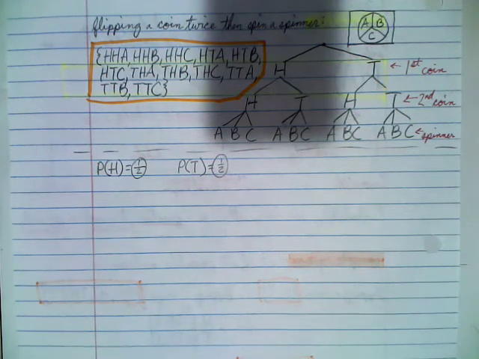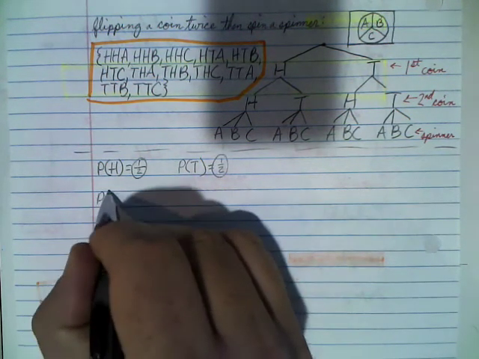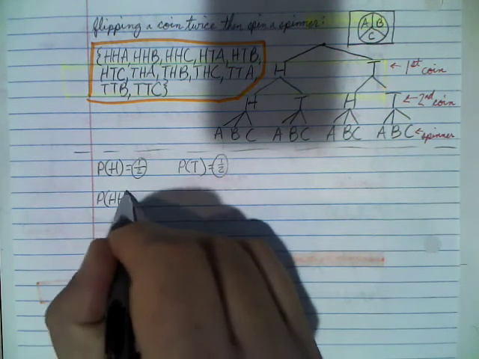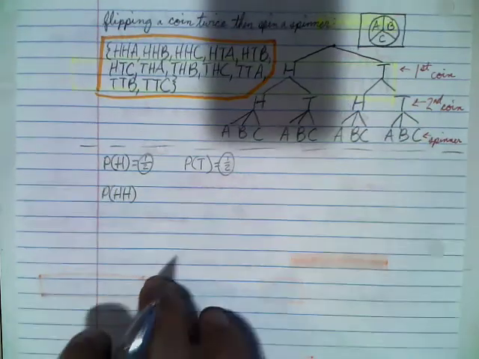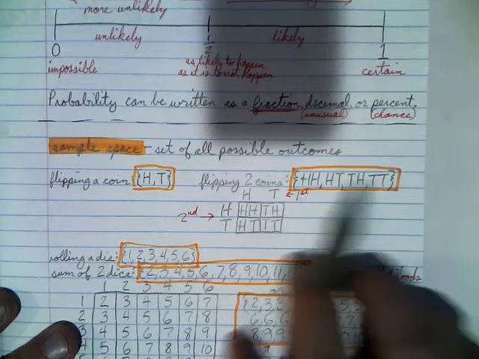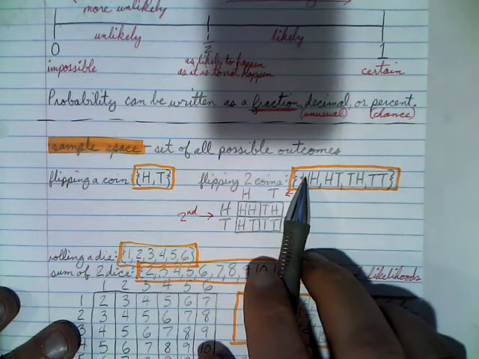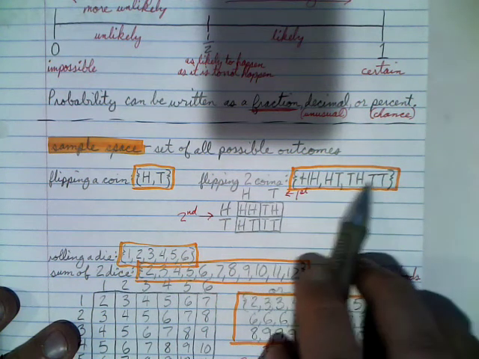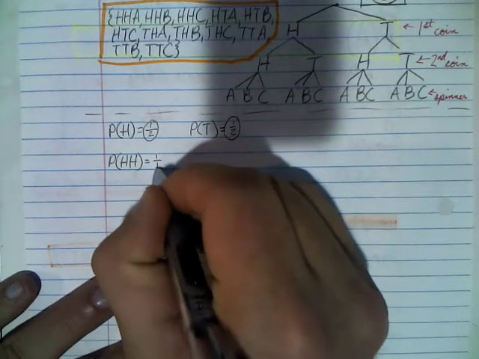If, on the other hand, we look at the possibility of getting double heads, so now we're looking at what happens if I flip the coin twice, this is my sample space. How many of these match being double heads? Only this one does. So my numerator will be 1. And how many are possible? 4. So the probability of getting double heads is 1/4.